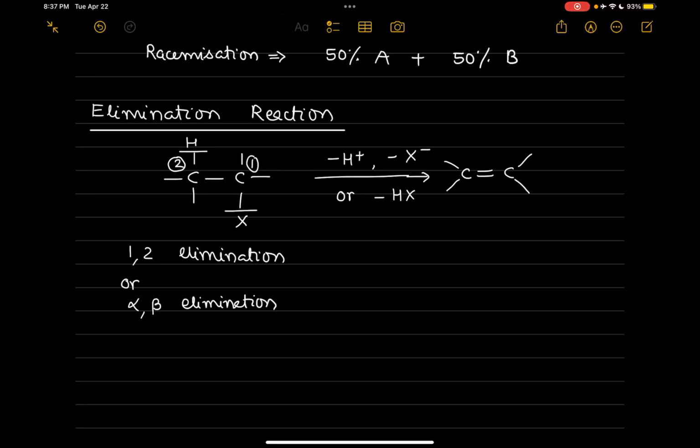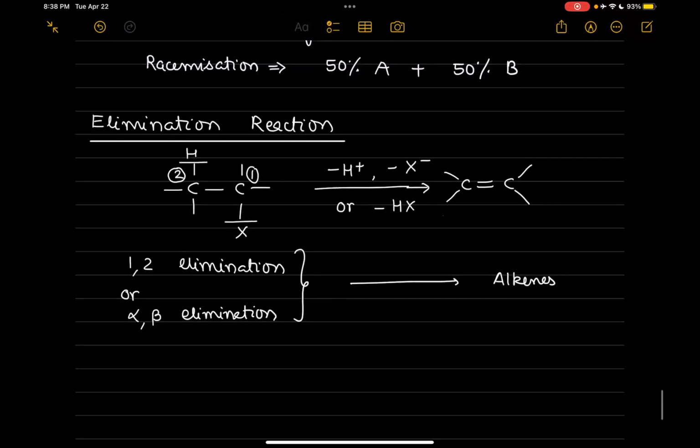Alpha beta means the halogen and the hydrogen are removed from the adjacent positions. Is it clear? And these bonds join among themselves, leading to the formation of a double bond. So you have this as a product, alkene. Alkenes are formed. Is it clear or not?